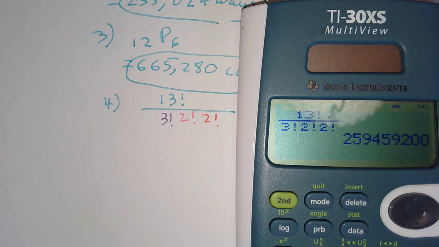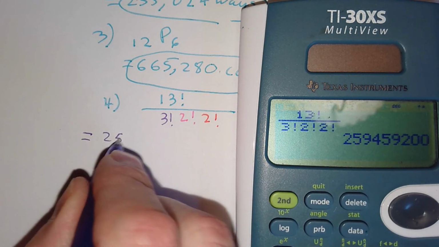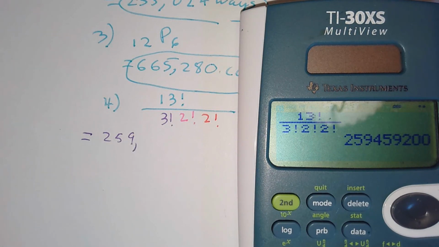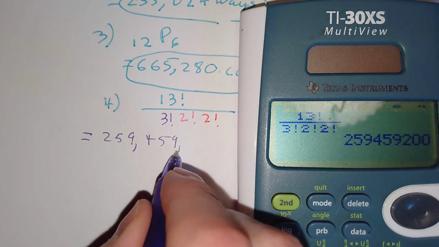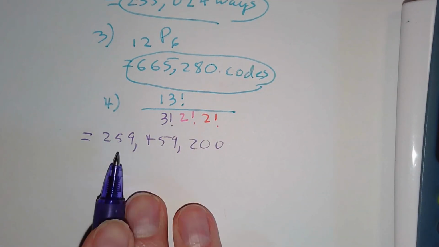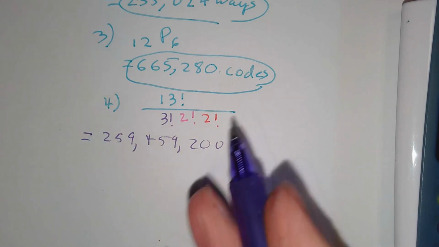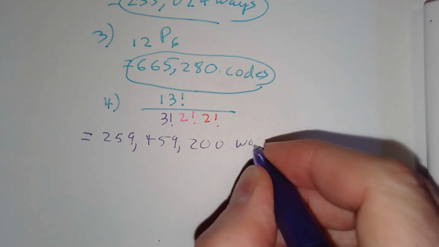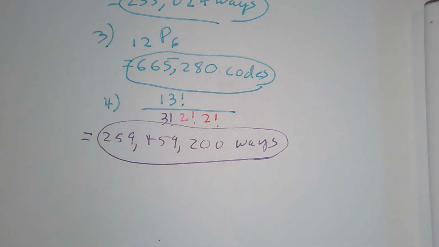So we still get a huge number. 259,459,200 ways that can be arranged.